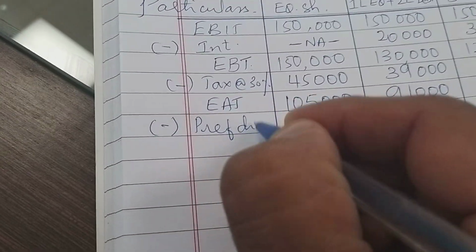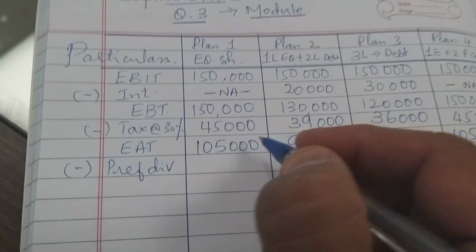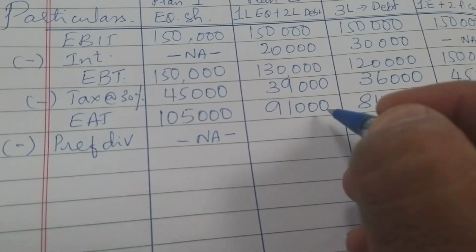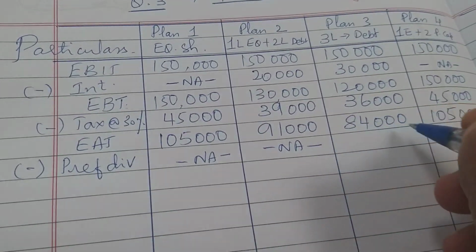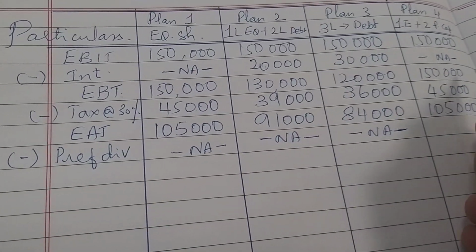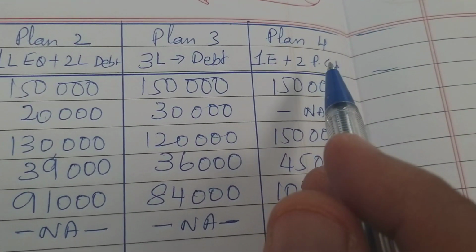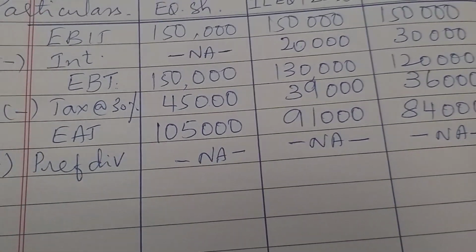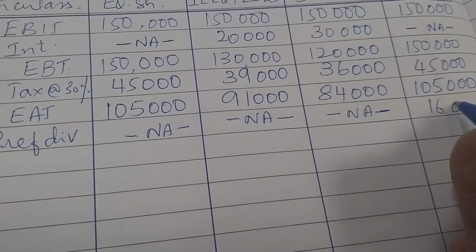Meaning we need to give the preference dividends. In case 1 there is only equity, so preference dividend does not apply. In case 2, there is equity and debt, again it does not apply. Case 3 also, it does not apply. But in case 4, there is preference capital of 2 lakhs, at a rate of 8%. So on 2 lakhs, 8% is 16,000.